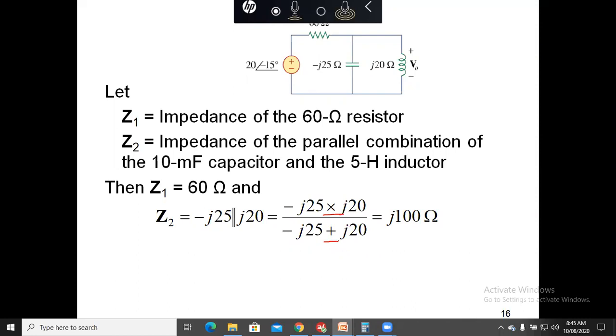So this in fact is the equivalent of this, J100 ohm. So J100 ohm is summed up with Z1, which is 60 ohm. So 60 plus J100 is the equivalent impedance of the network.